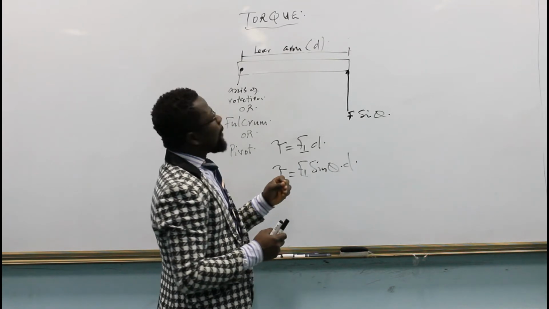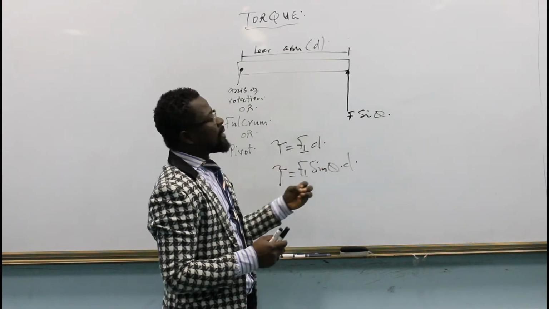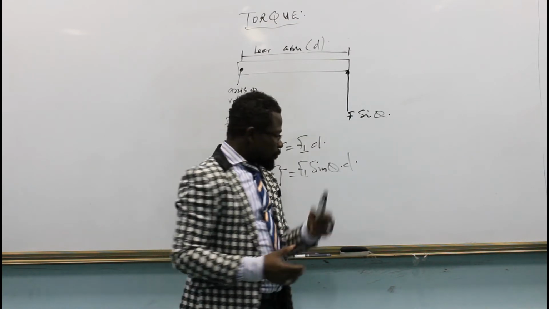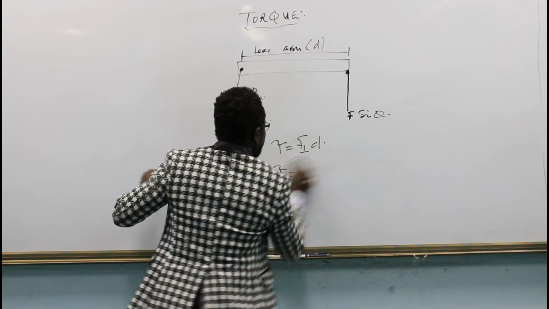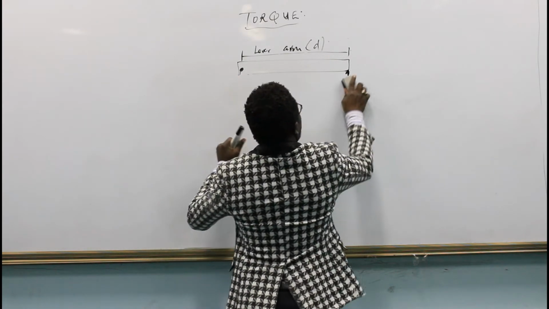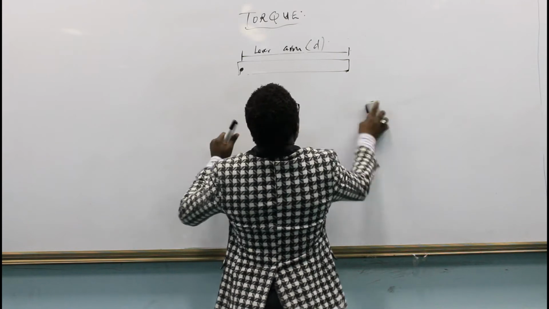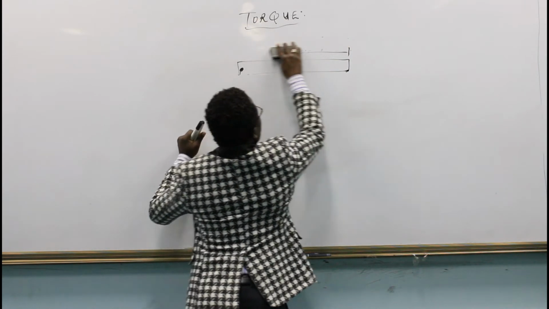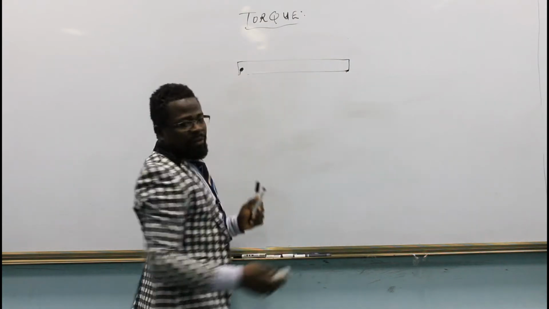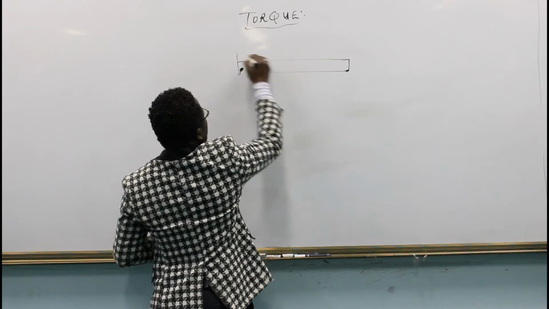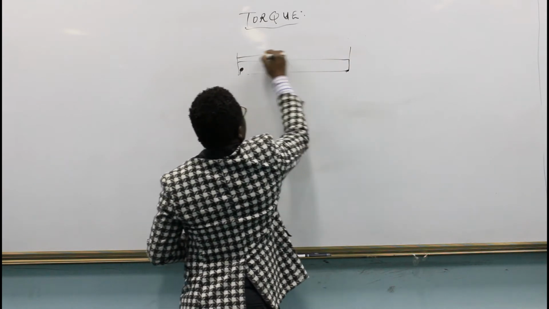So let's now apply this in solving some problems. Problem number one. Let's use the same beam that we have, give it values, and do some calculations. Let's assume that we are given this beam, and the beam is 10 meters.